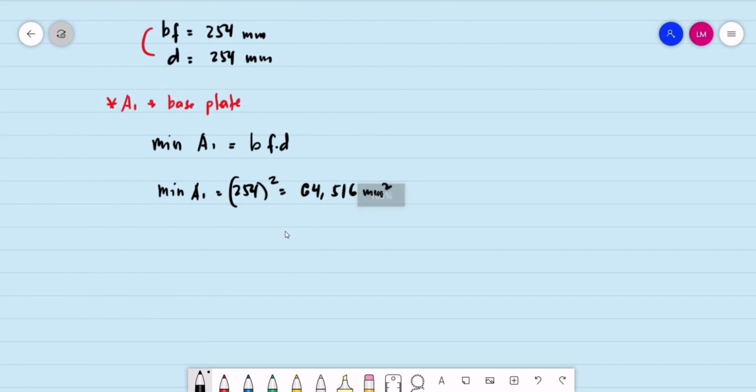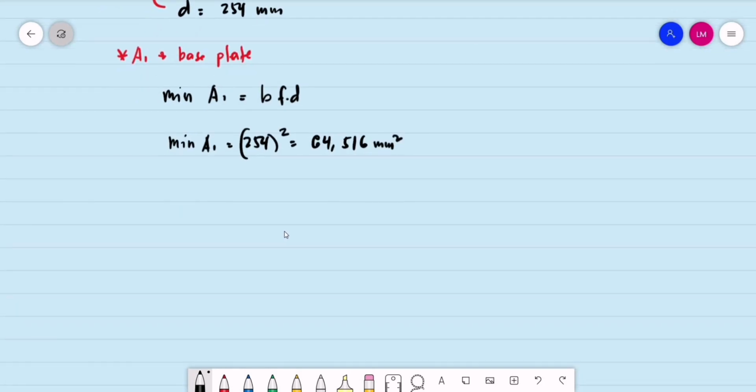Then for our load combination, or the factored loads, we have P sub U is equal to 1.2 of the dead load plus 1.6 of the live load. So this is 1.2 of 450 kilonewtons plus 1.6 of 650 kilonewtons. This is the first load combination.